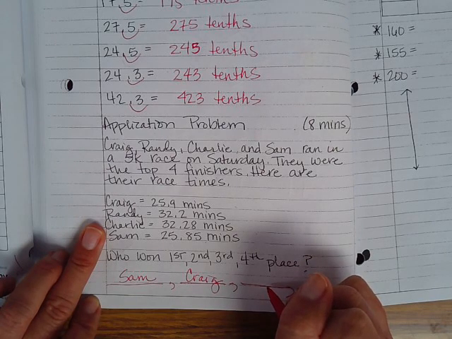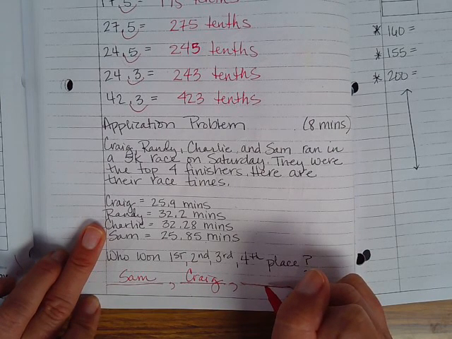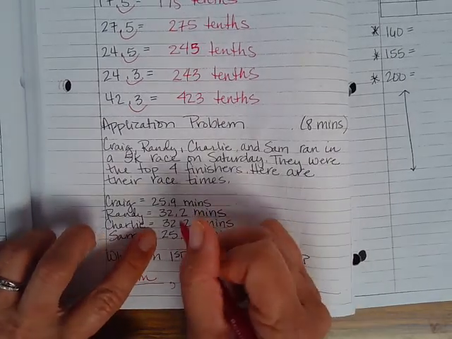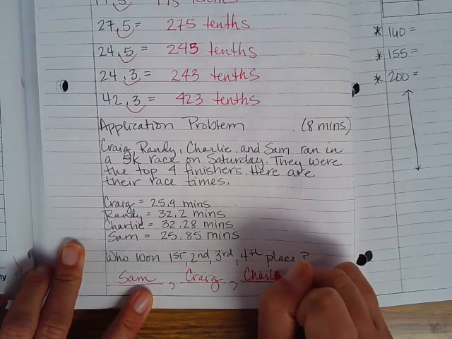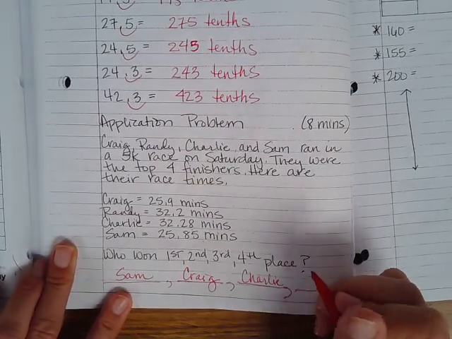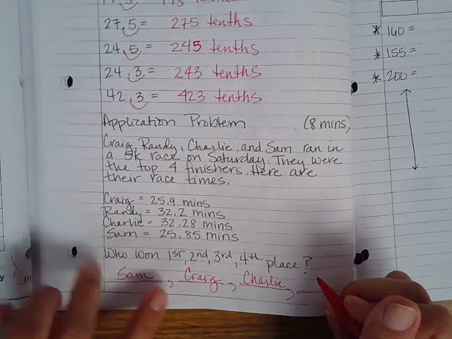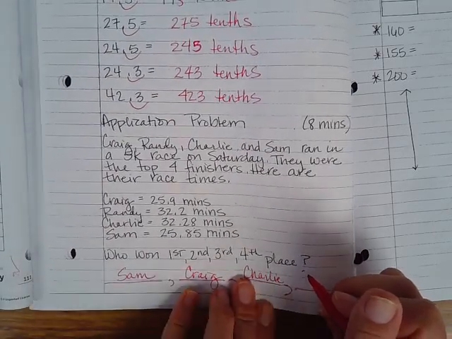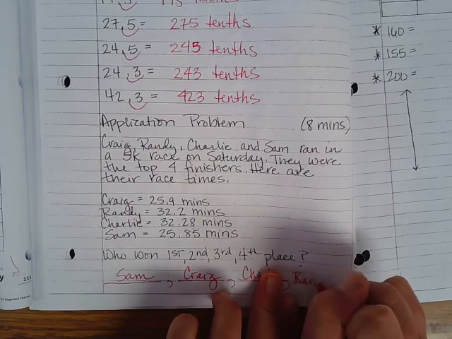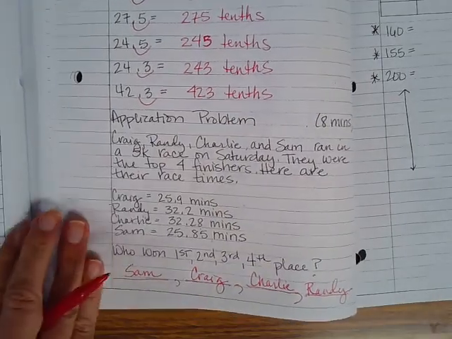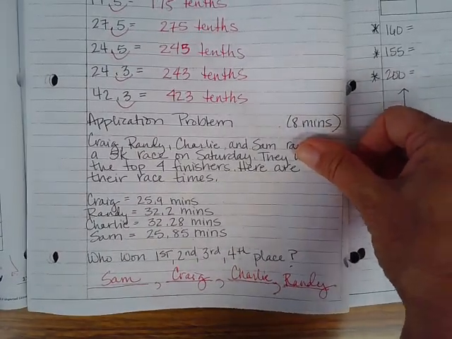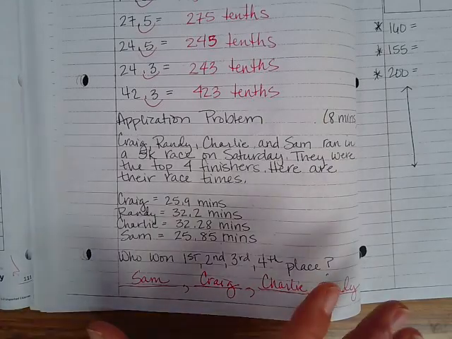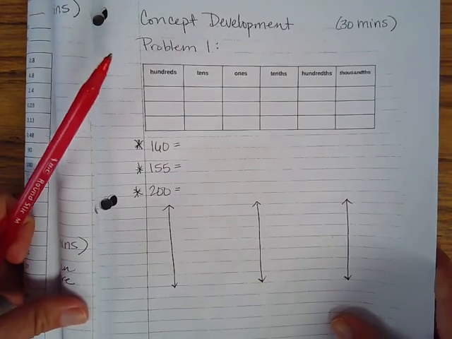Okay, do you have Charlie, which is 32.28, third? And then Randy came in fourth. Give me a thumbs up if that's what you got. Good job. Excellent. I knew you could do it. So this ends our fluency. We're going to move on to concept development. I'm going to stop the video and restart.